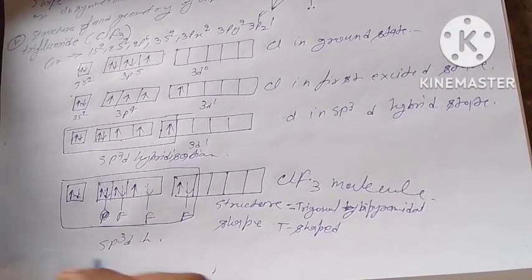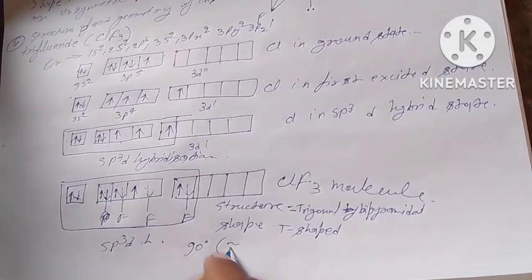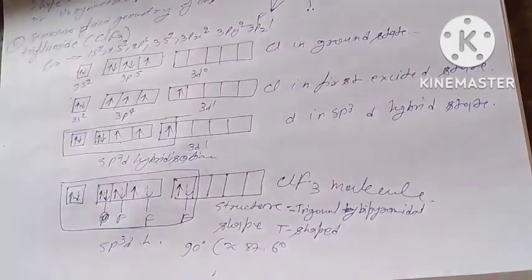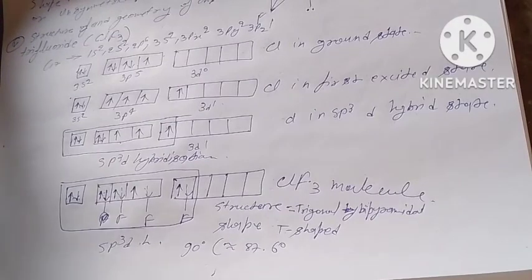Bond angles are almost 90 degrees, approximately 87.6 degrees. The distortion is due to the presence of two lone pairs.